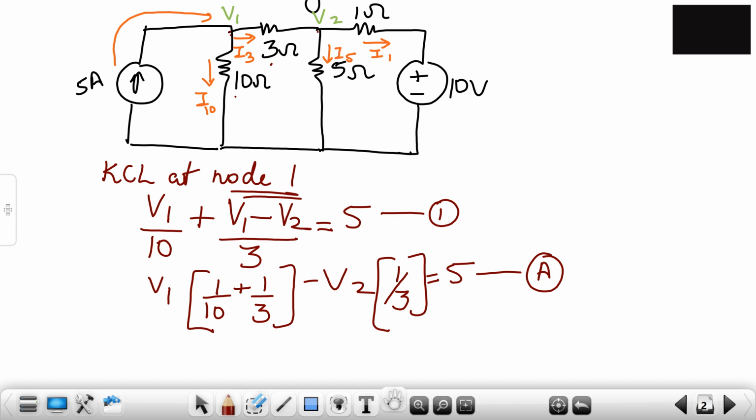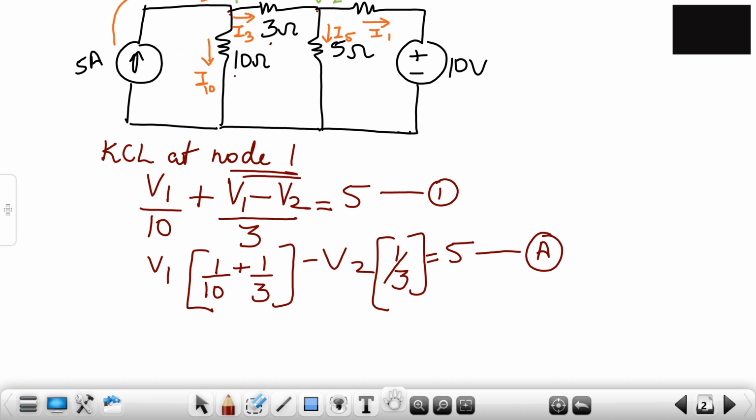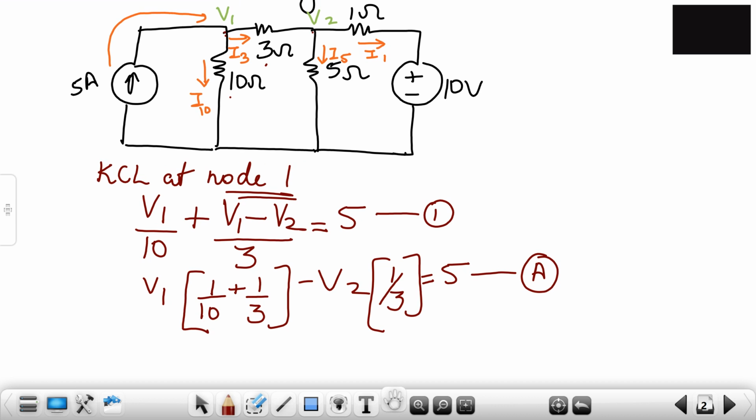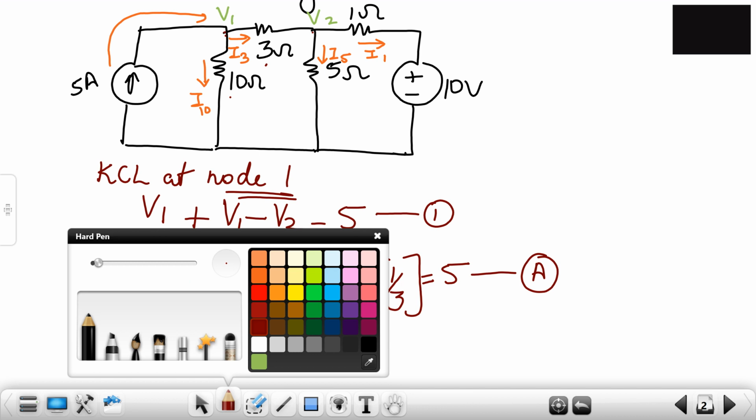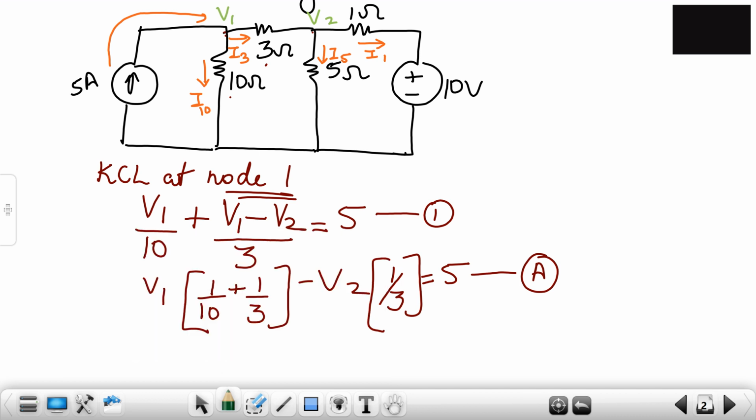Now let's apply KCL at node 2. How do you find the KCL at node 2?